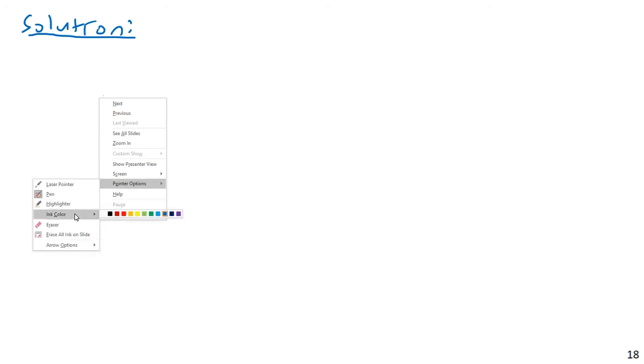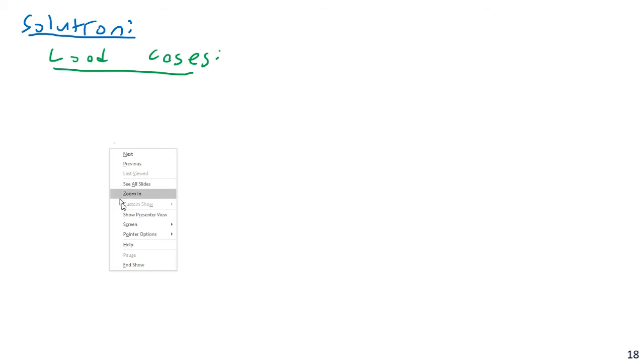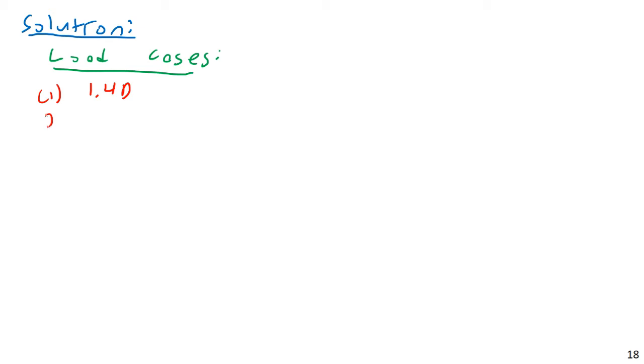And let's look at our load cases. The first load case that I'm going to look at is 1.4 dead. And the second one would be 1.2 dead plus 1.6 live.